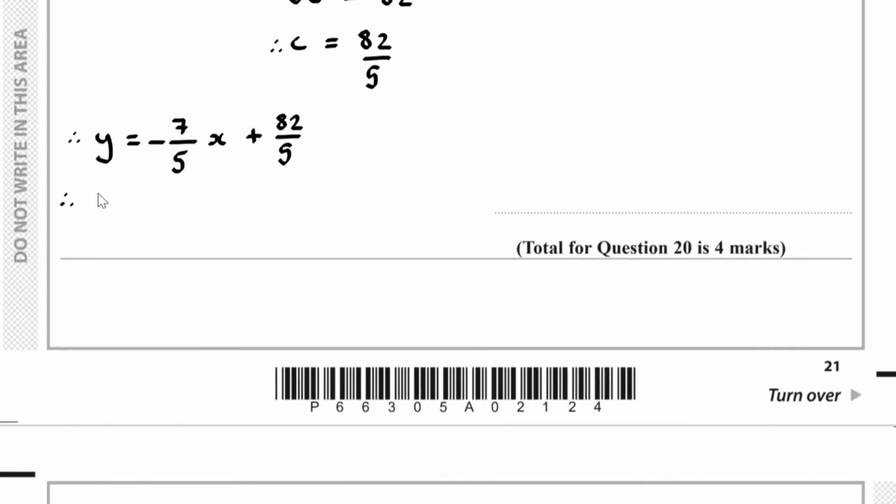So we've got 5y equals minus 7x plus 82. And that's if I multiply through by 5, which means that 7x plus 5y minus 82 equals 0, which is the equation of the tangent in required form.